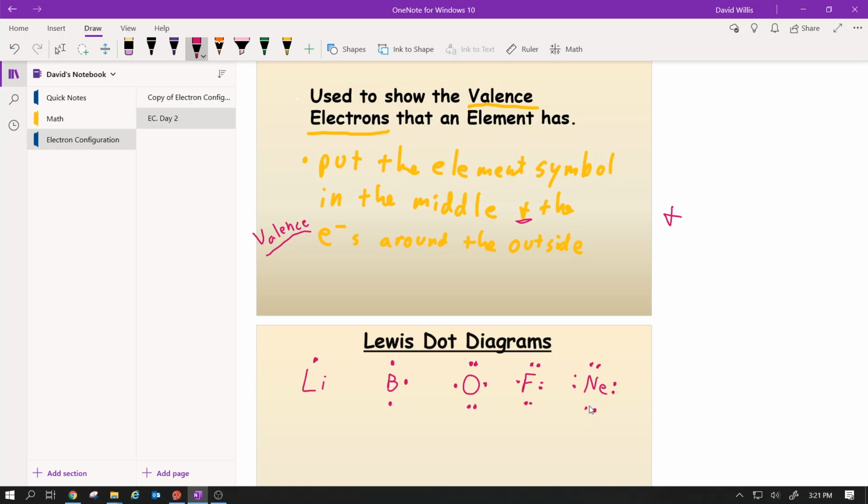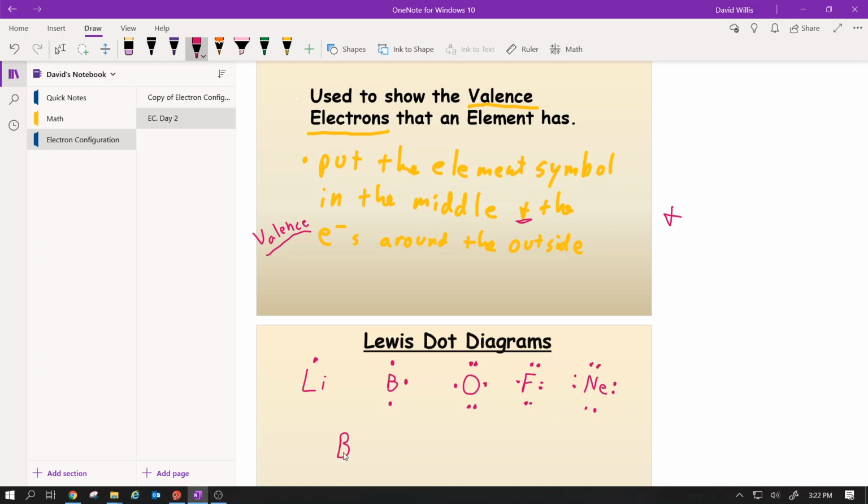Anyone else want to ask me to do one that I'll tell you no about? What about the ones at the bottom? Uranium. If I'm not willing to do a transition metal, I'm sure not willing to do a lanthanide or actinide. Hey, how about barium? Perfect, barium.